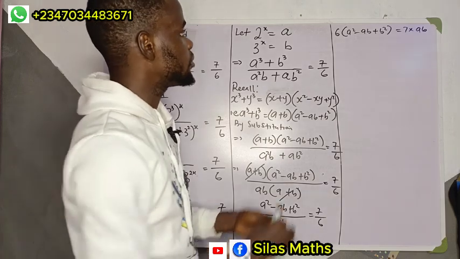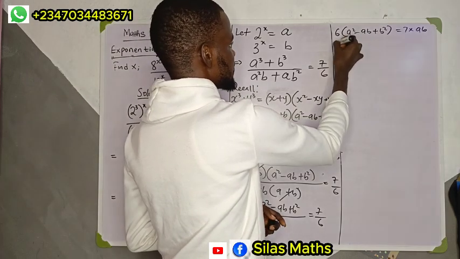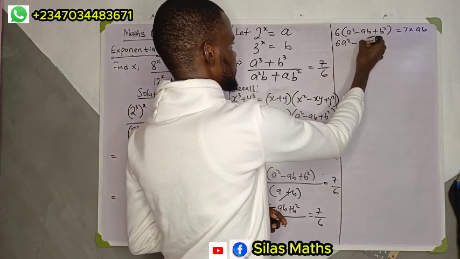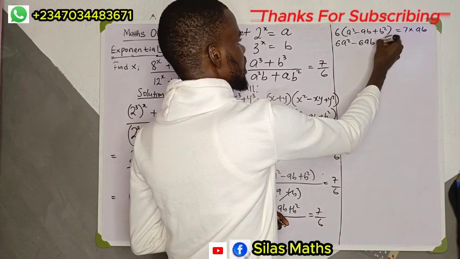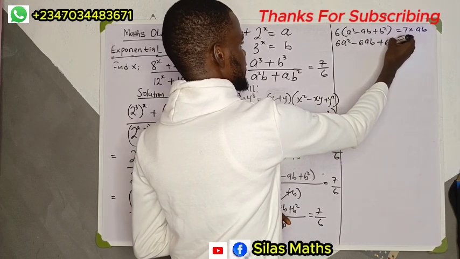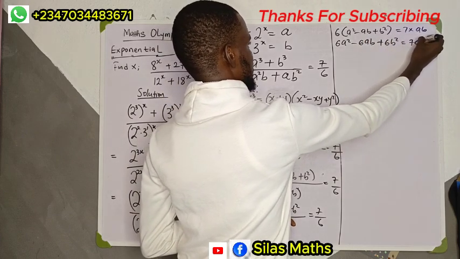So let's continue. Open that bracket. We are going to have 6a square minus 6ab plus 6b square equal to 7ab.